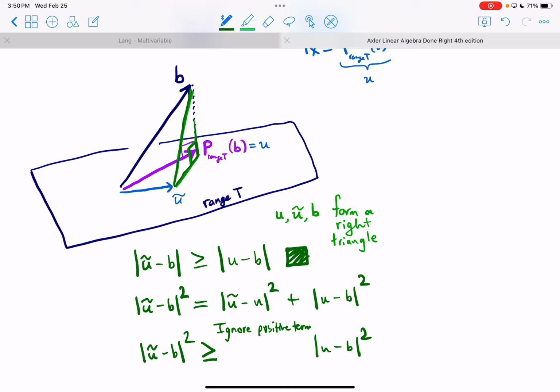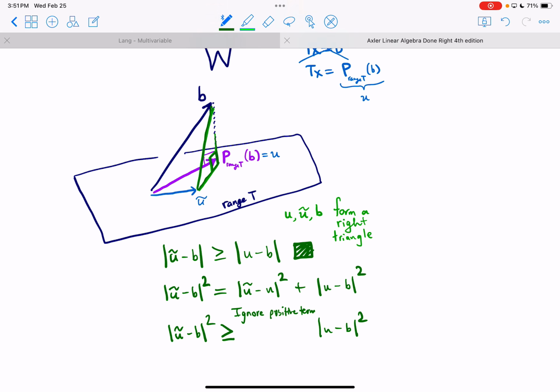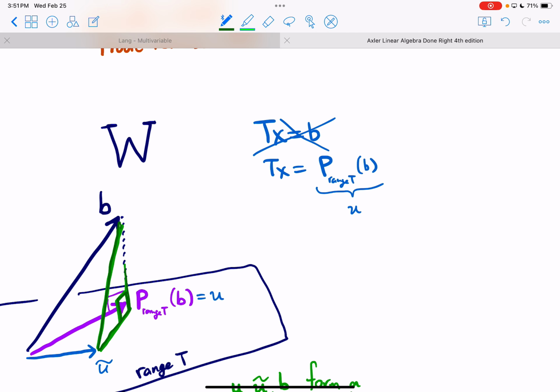We're almost done. You're going to actually understand the pseudo-inverse. You're halfway there. The pseudo-inverse is we're trying to solve Tx equals b, but we can't solve it. So we instead solve Tx equals the orthogonal projection of our data b onto the range of T, because that is at least solvable.